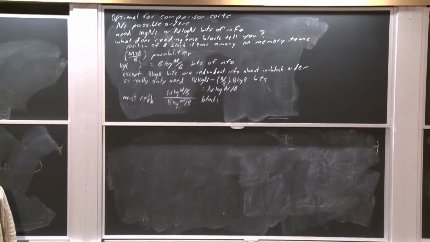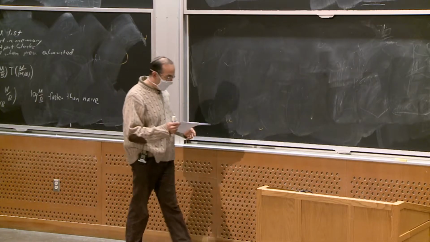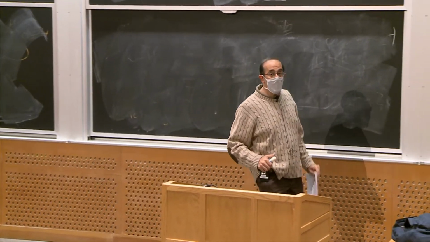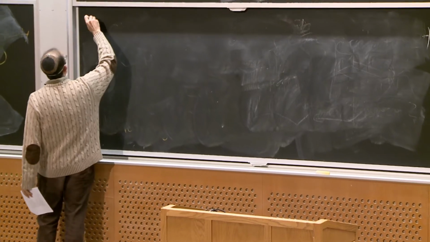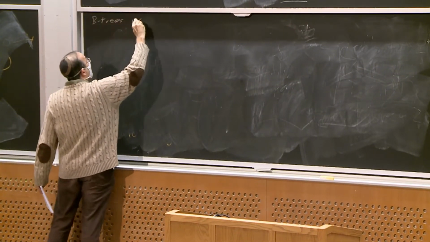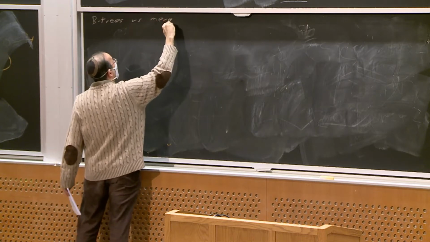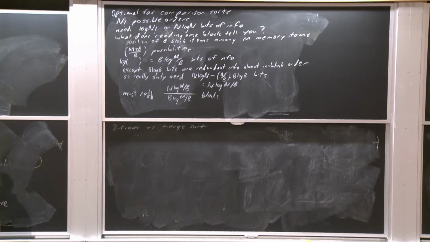Any questions about that? All right. Well, I am going to ask a question because on the one hand, we've got B trees, and on the other hand, we've got this merge sort. And as I mentioned before, in sequential algorithms, a search tree can be used for sorting optimally, right?